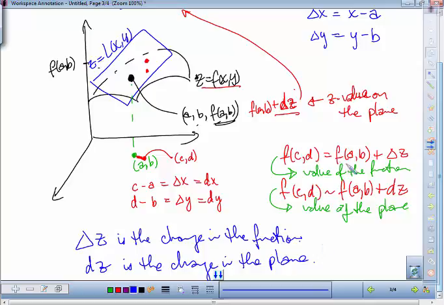And what f of AB gets us is the starting point. And then this little change in the function versus the change in the plane is the difference between the delta z and the dz.